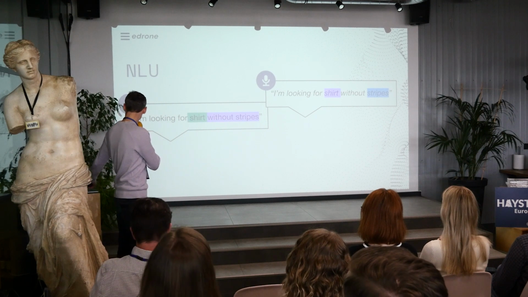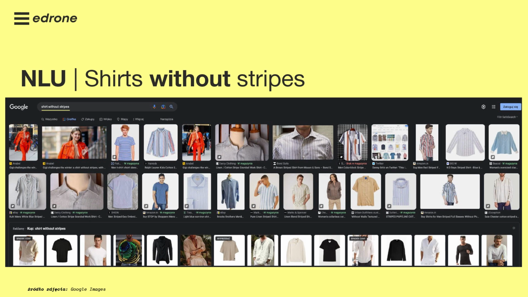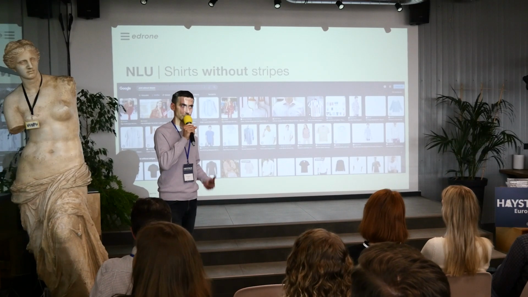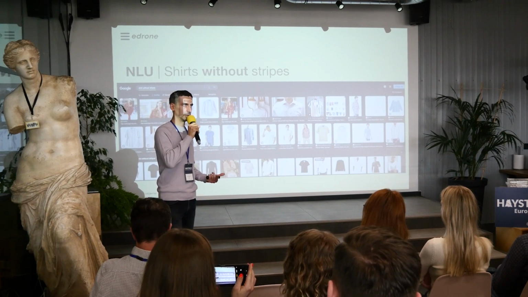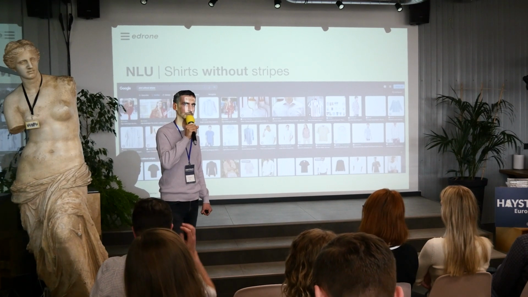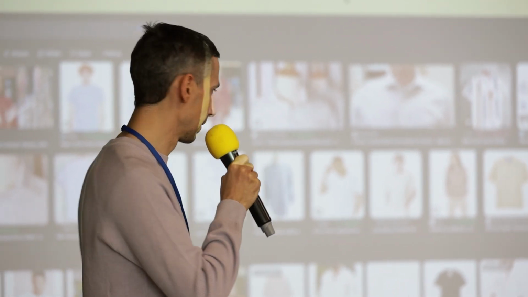Even the big ones, you'll get this result, right? Pretty much all of them have stripes, and this is the problem of negation, and it happens quite a bit in natural language, right? So there could be things like, I'm looking for shoes without laces. This is one that we saw, or things like color different than, right? It's basically a very tricky problem in natural language processing.